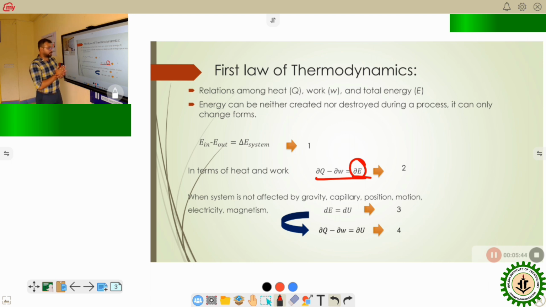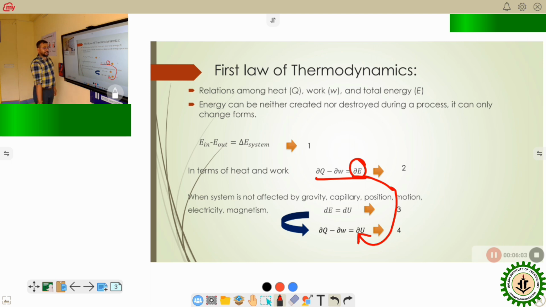And if we consider one closed system where all the macro energies will be neglected, only micro energies will be involved, and micro energies are actually totally related with dU, which is known as the internal energy of the system.